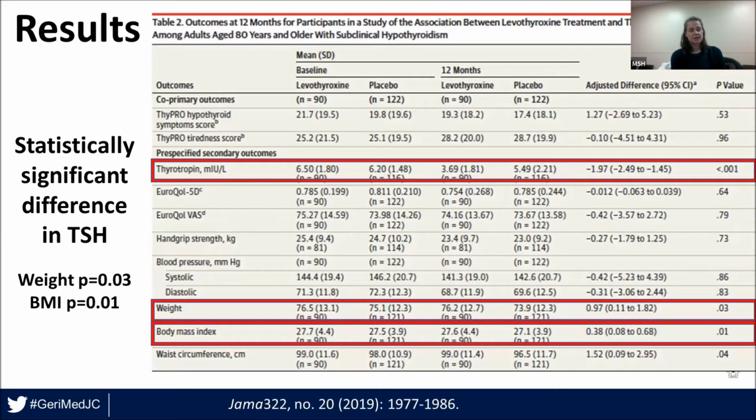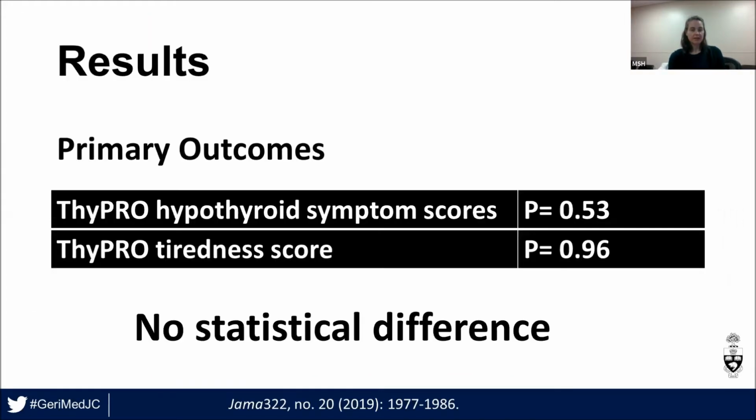In addition to the statistically significant TSH, they also found that weight increased in the levothyroxine group, and so did BMI. In terms of the primary outcomes, though, there was no statistical difference in hypothyroid symptom scores or tiredness scores.